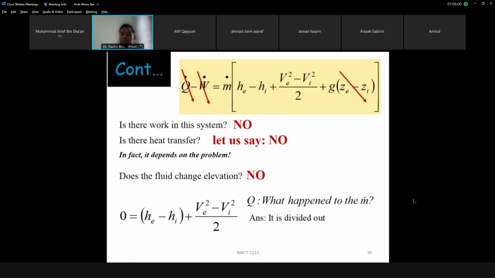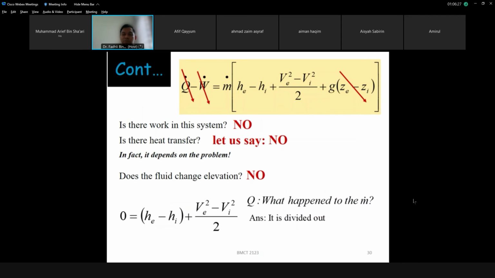Next, energy balance equation. Kita nak analyze energy balance equation for nozzle. This is what we did in our tutorial. We can cancel the not related properties. Okay, for example, the first consideration dalam lecture note pun, dalam lecture video pun ada saya terangkan. They have 4 consideration that we need to consider in order to analyze each device.